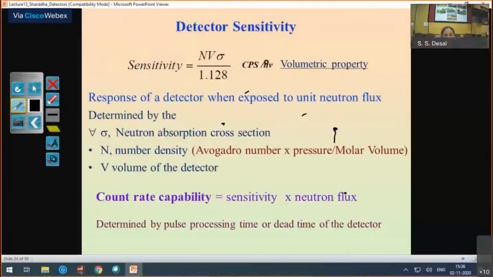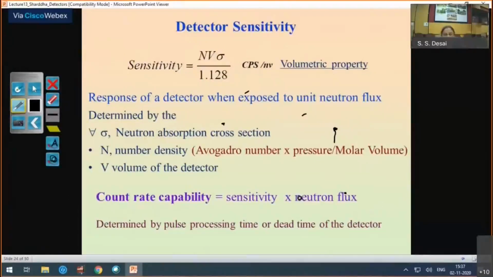So this property is useful for determining the total counts, how much neutron flux we can expose to this detector before it reaches saturation, or till it gives a good number of neutrons that are beyond any noise level or background level.